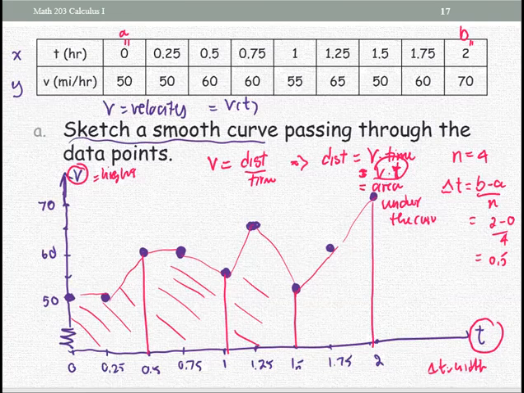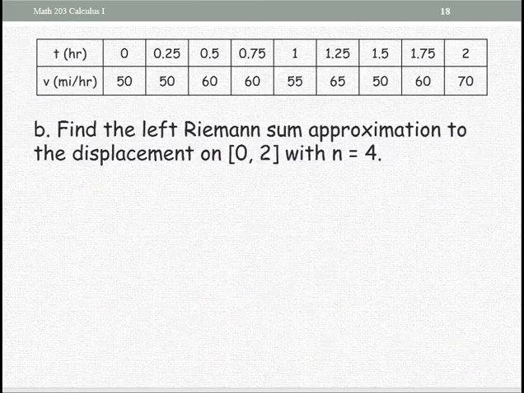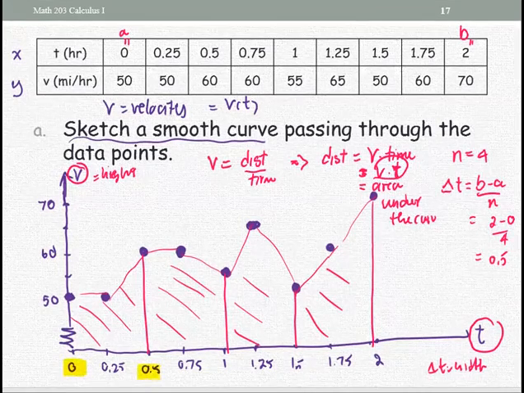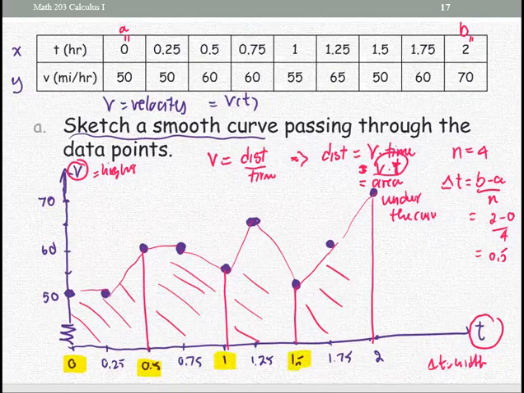So in part B, you are going to use the left Riemann sum with n equals 4. For the left Riemann sum, I'm going to go back to the graph real quick. Since we have 4 subintervals, the left Riemann sum uses the left endpoints.